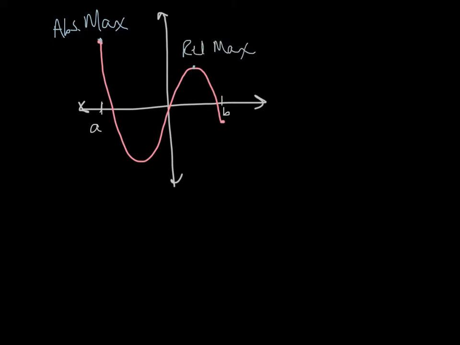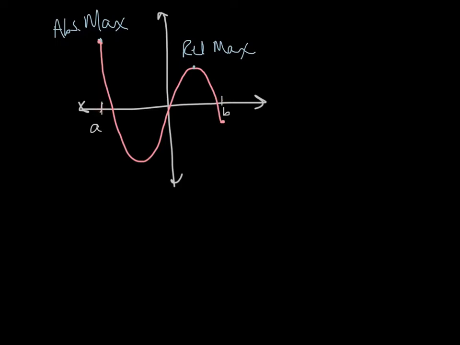And remember, just to review from last time, a relative maximum is only relative when it's bigger than any point to the left or to the right. So in order to be a relative maximum, you have to have points to the left and points to the right in order to determine that. Whereas an absolute max does not have to have points to the left or to the right. It just has to be the highest point within the interval that's given.